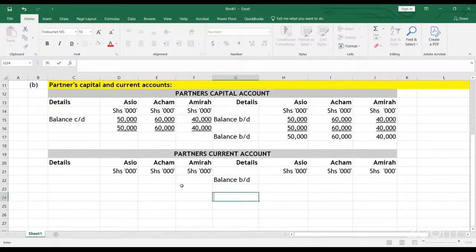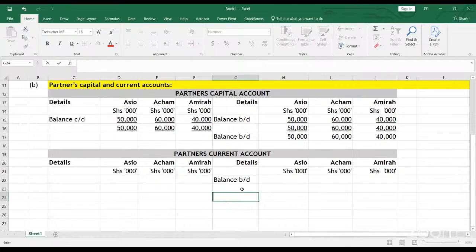For example, we use this account to record drawings, interest on drawings, interest on capital, their profit shares, and their allowances. All those are going to be entered in this account. The capital account is strictly for capital, as I've told you initially.